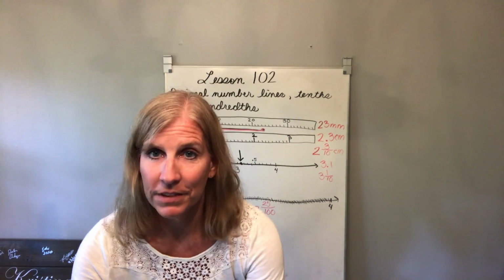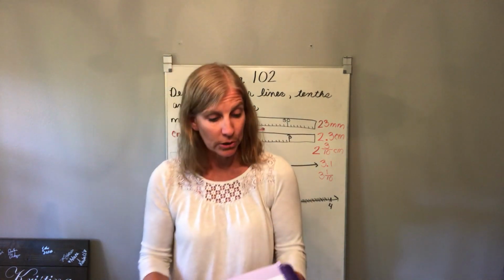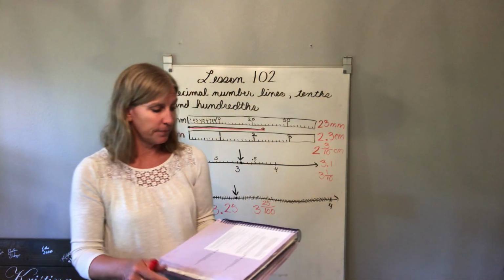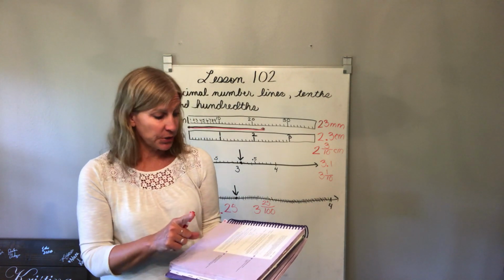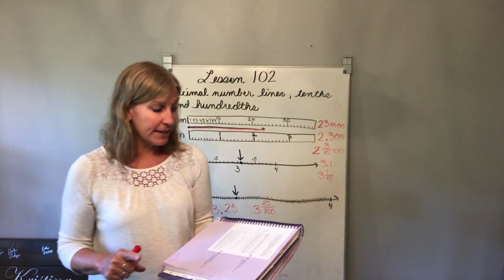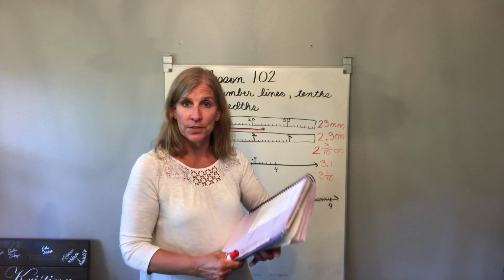So how are we going to figure out what his height is then in meters? Well, let's look in our book. Look at the solution. 100 centimeters equals 1 meter. So Santiago's height is 1 meter plus 62 centimeters.